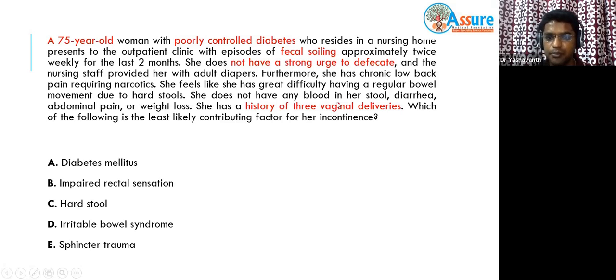She does not have any blood in her stools, diarrhea, abdominal pain, or weight loss. She has a history of 3 vaginal deliveries. Which of the following is the least likely contributing factor? Diabetes, impaired sensation, hard stools, IBS, sphincter trauma.